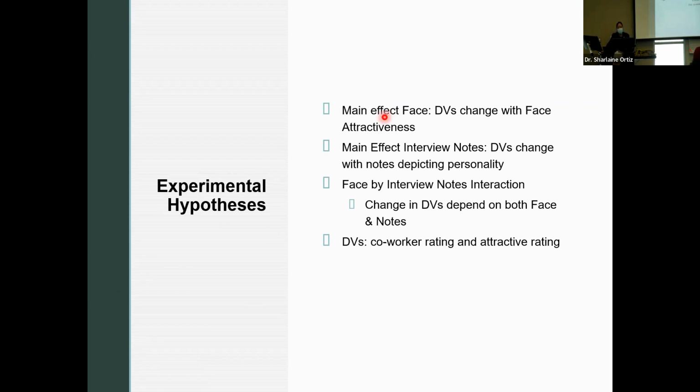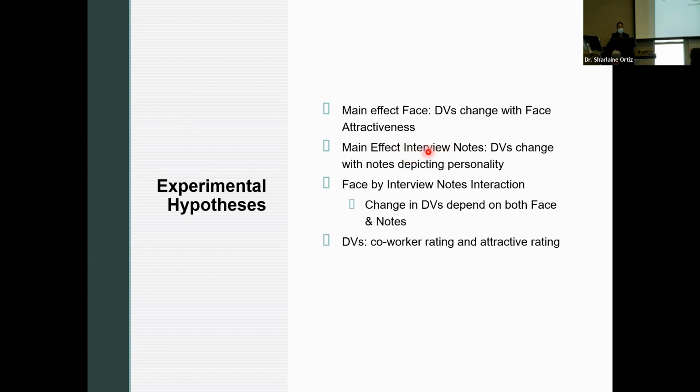Remember that whenever we are reviewing aspects of effects, what we're trying to look into is the impact that the independent variable might have had on the dependent variable, right? In this case, we have the face attractiveness of the interviewee and its impact, for example, on the interview notes.